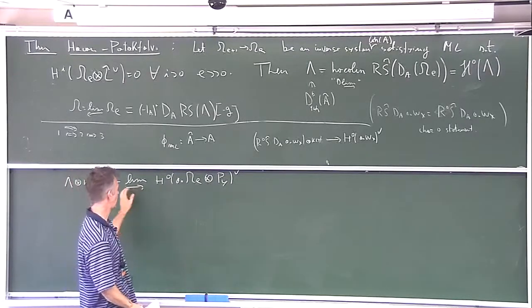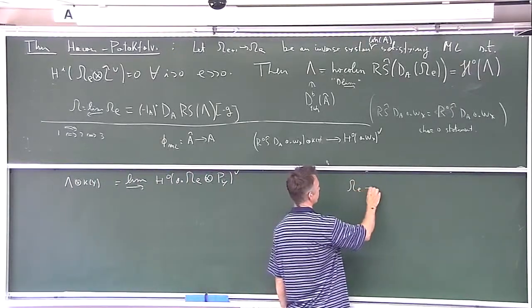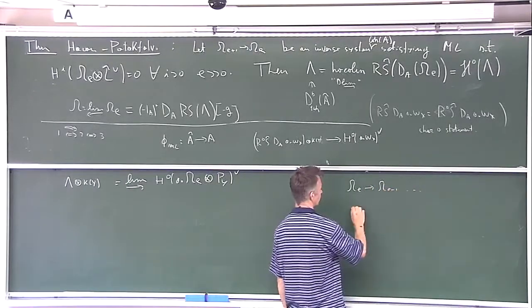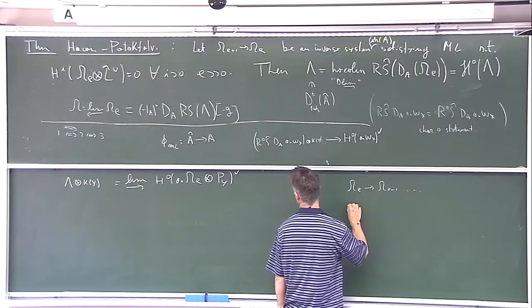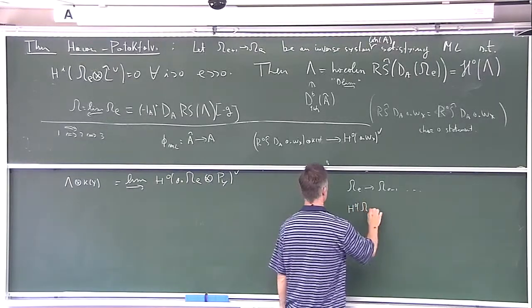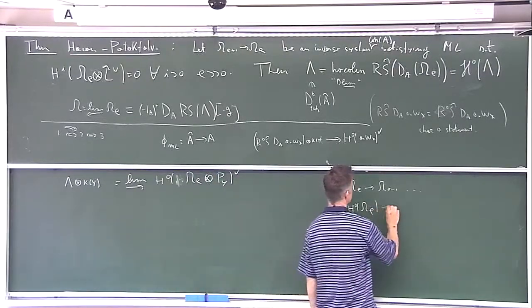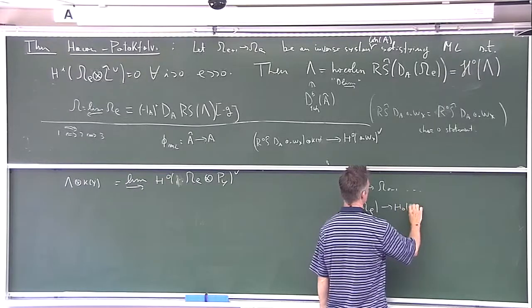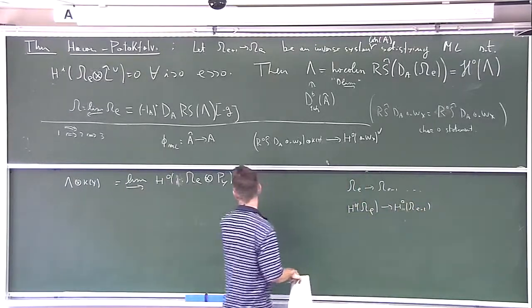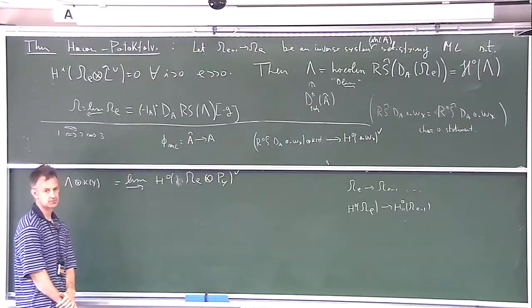Why is it the direct limit? You have these maps, omega E to omega E minus 1, and so on. So you get maps of cohomology groups from H0 of omega E to H0 omega E minus 1, there's no H star here. This is like an inverse system, and when you dualize it, it goes the other way and it's a direct system, just like the lambdas.